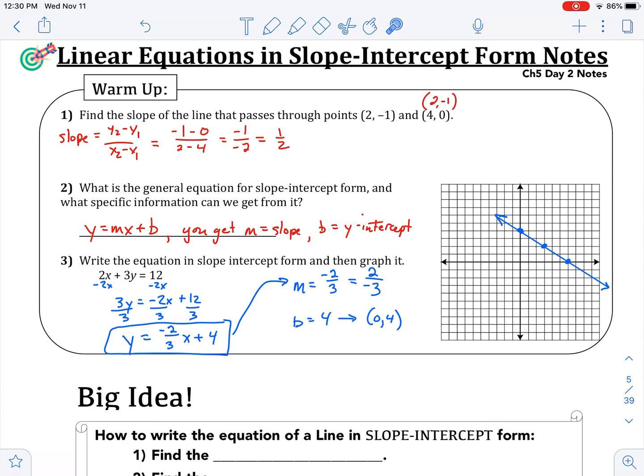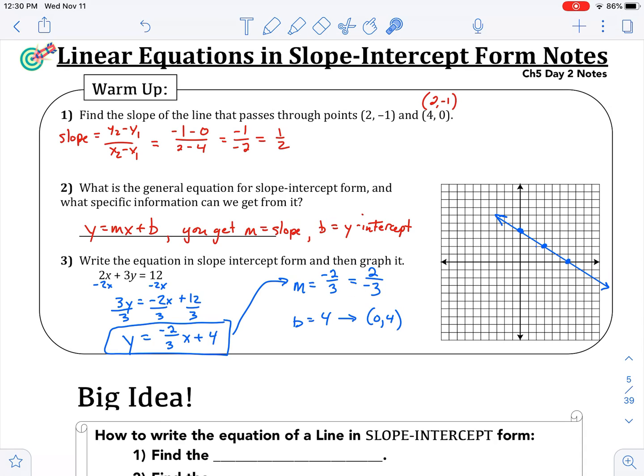Problem number 3 asks me to graph a problem that starts out in standard form. So I work to solve for y by subtracting 2x from both sides and dividing by 3, and I get y equals -2/3 x plus 4. I know that my slope is -2 divided by 3, or I can write it as +2 divided by -3.